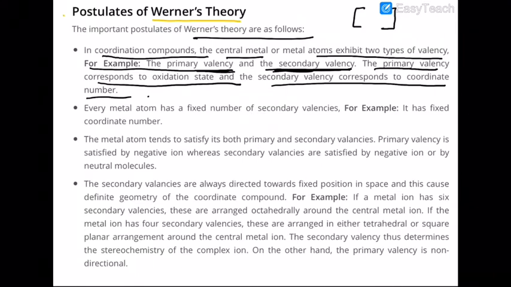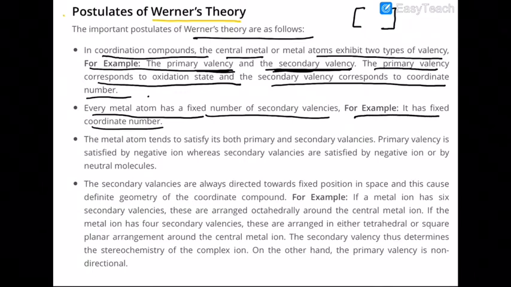Are you okay with that? Every metal has a fixed number of secondary valencies, because it has a fixed coordination number. If 4 are there, then two possibilities are either tetrahedral or square planar. But if 6 is there, then you have only octahedral.